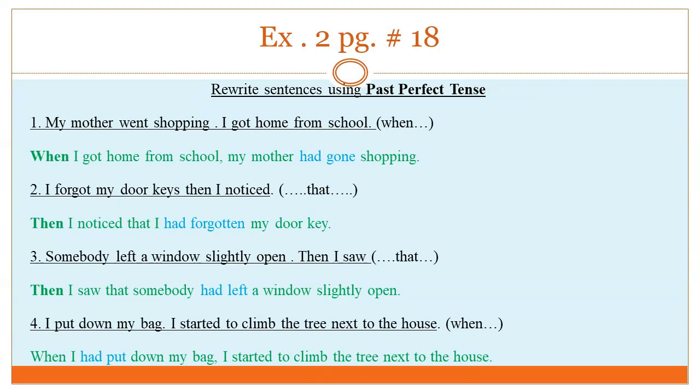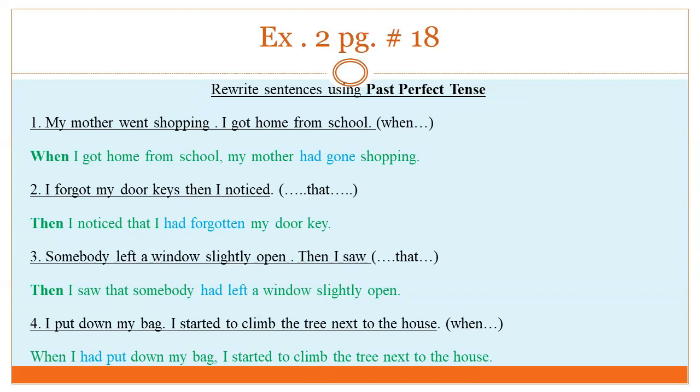Sentence number 3. Somebody left a window slightly open. Then I saw. Which event happened later? The adverb then tells us that I saw happened later. Somebody left the window slightly open is the event that happened first in the past. And the same pattern, that, would be joining these two sentences.